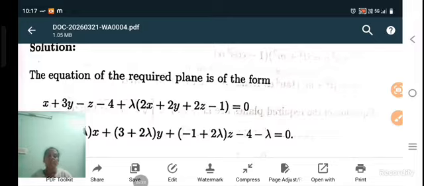And the required plane is perpendicular to x plus y minus 4z equal to 0.